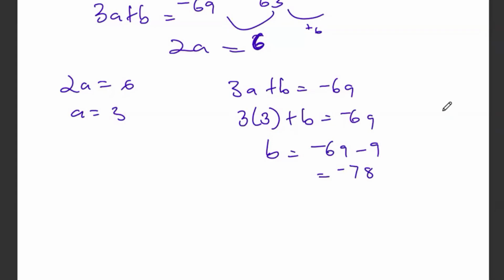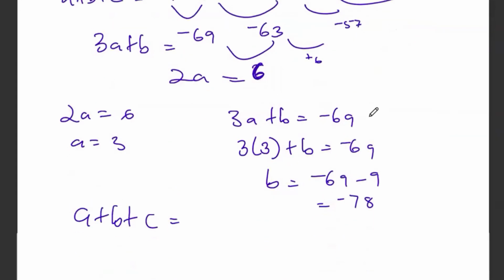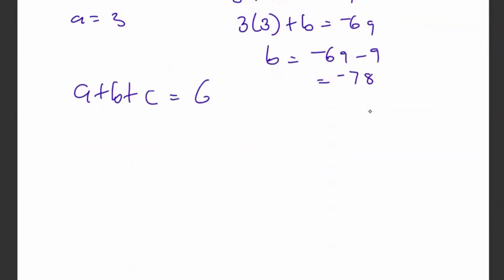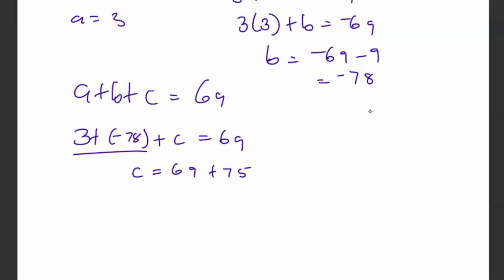Then we need to get c, meaning that a plus b plus c must give us 69. So 3 plus negative 78 plus c is 69. That's negative 75, so 69 plus 75, which is 144, I guess. Meaning that Tn is going to be 3n squared minus 78n plus 144.